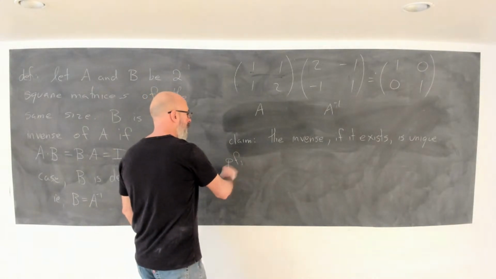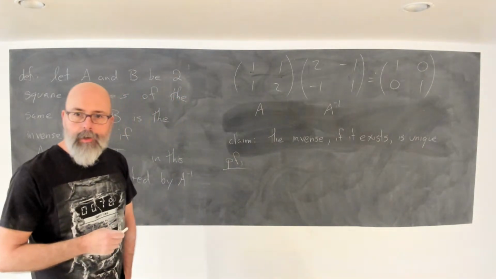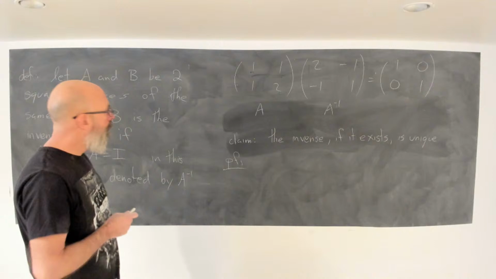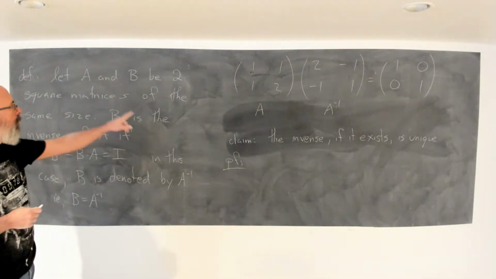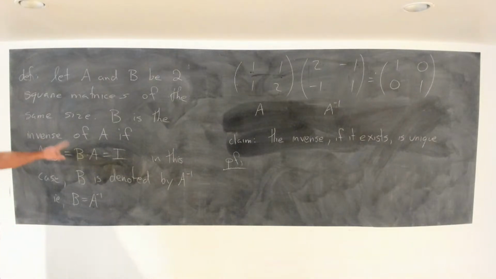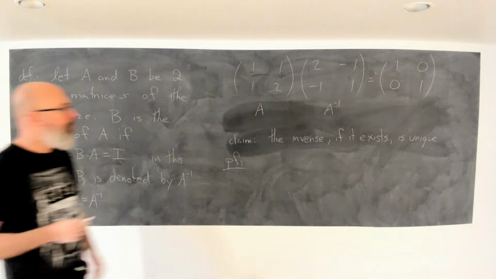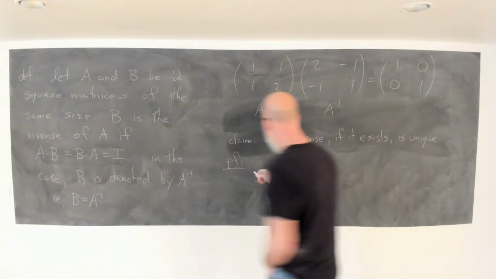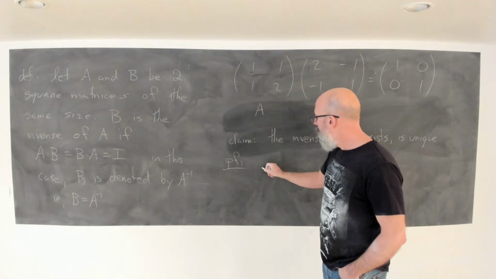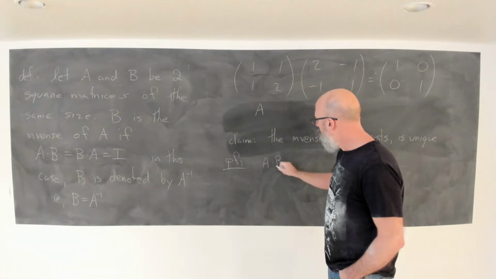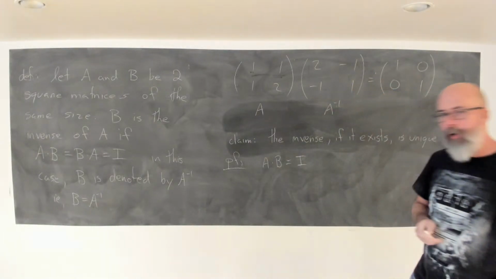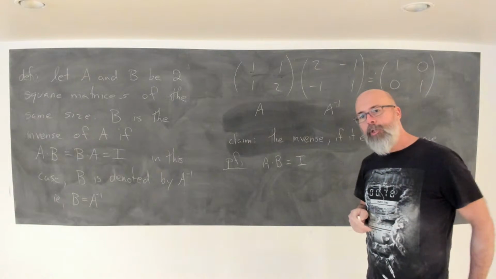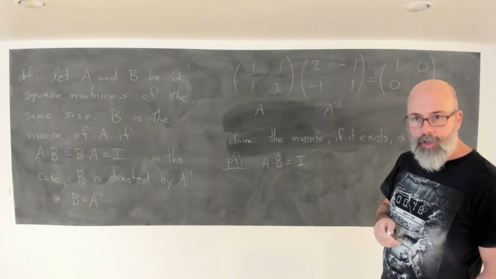Let's prove it. Proof is nice and slick. What does it mean for two matrices to be inverses of each other? Right? It means that A times B, if A and B are inverses of each other, then A times B is the identity.